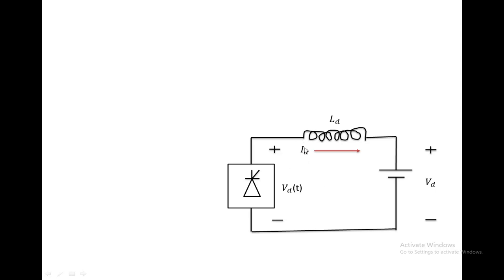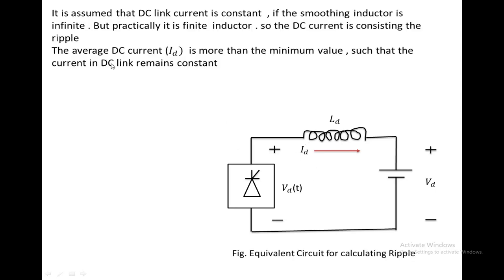That is possible only if this smoothing reactor is infinite. But practically, we don't have an infinite reactor. The finite value of the reactor we are keeping here, so that the ripples in the DC current will be adjusted. The average DC current is more than the minimum value, such that the DC link current is constant.